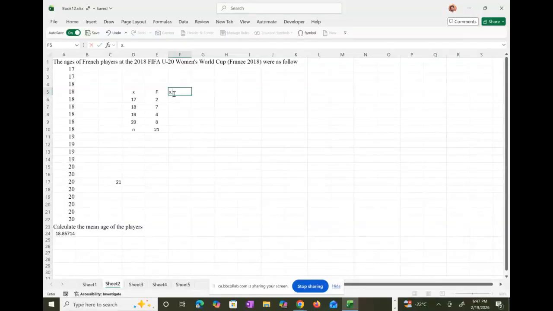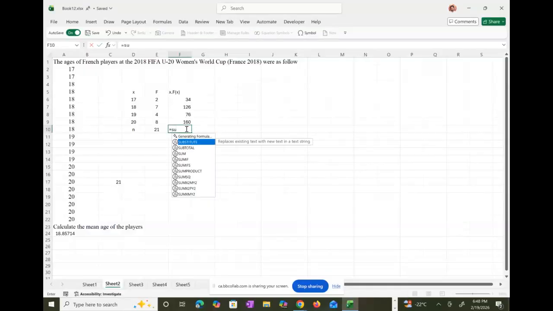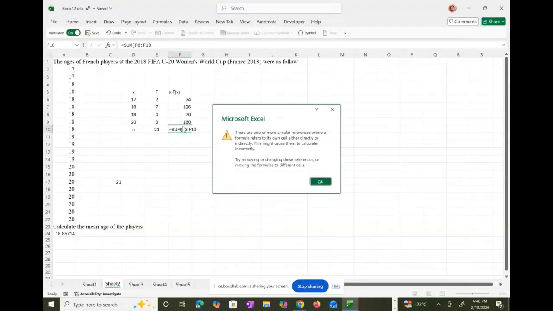Now x times fx, so equal to this times this one, and that's what I'm gonna do for the remaining also, and then the sum of these values.